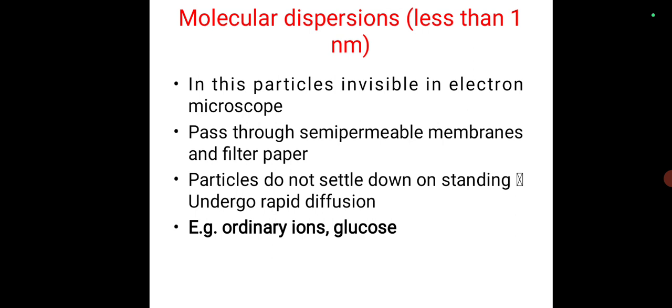They are very small, so they can pass through semi-permeable membrane and filter paper very easily. The particles do not settle down on standing and undergo rapid diffusion. A very good example of molecular dispersion is ordinary ions and glucose.